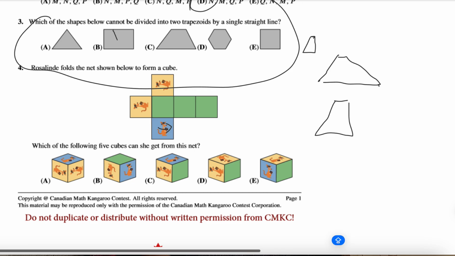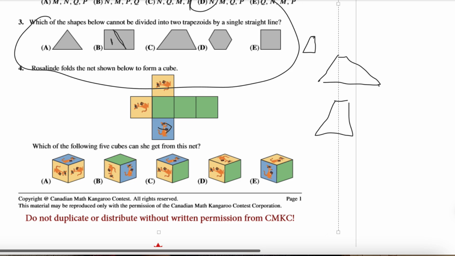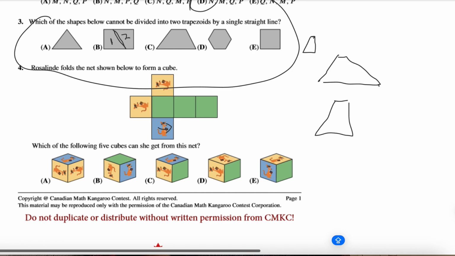B, you could clearly divide it into 2 shapes. 1 trapezoid, 2 trapezoid. C is already a trapezoid, so if you cut from the middle, then it would be 2 right-angled trapezoids. So C and B are all wrong. D, if you cut from the mid-segment, then it would also be 1 trapezoid, 2 trapezoid.